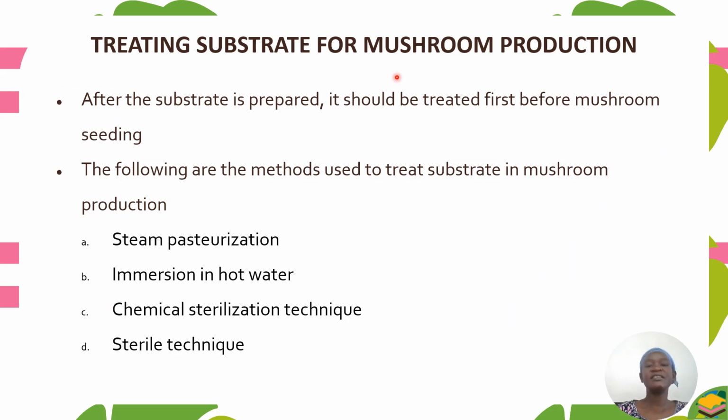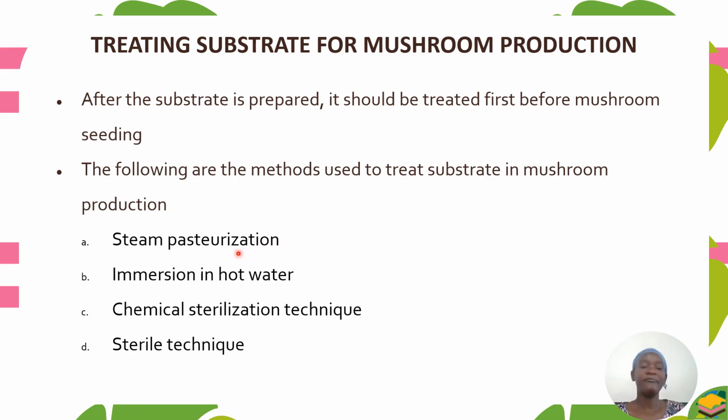So when we are treating the substrates, more especially under phase 2, there are several methods which we can use. After we have prepared the substrates, they should be treated first before seeding the mushroom. So there are methods used to treat substrates in mushroom production. When we were discussing phase 2 in detail, we mentioned only one, that's steam pasteurization.